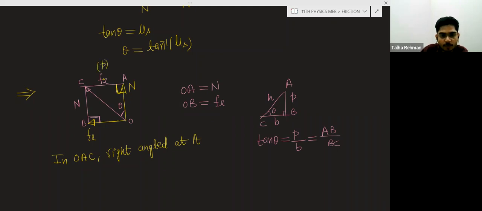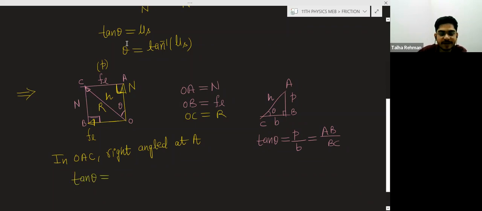Perpendicular. And opposite to 90 degree what is? Hypotenuse. And this is your resultant also, R. This OC is your resultant.